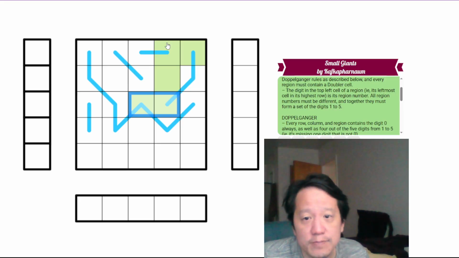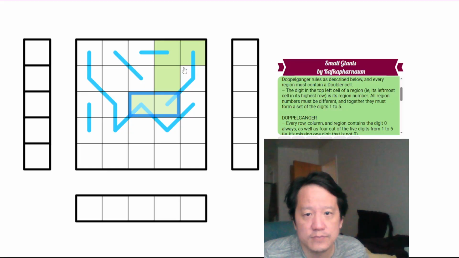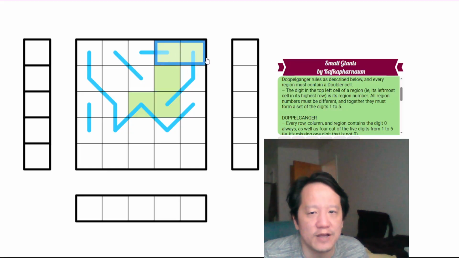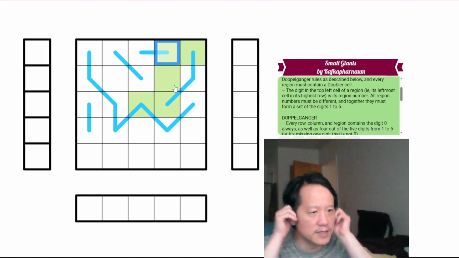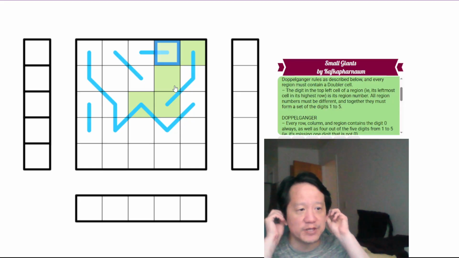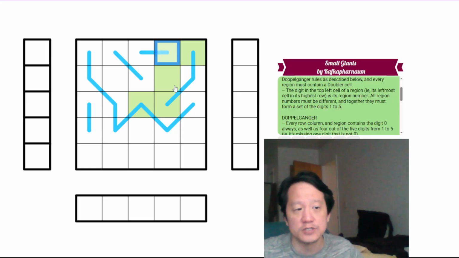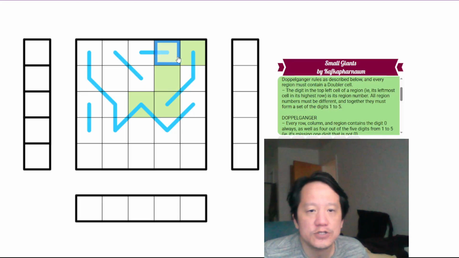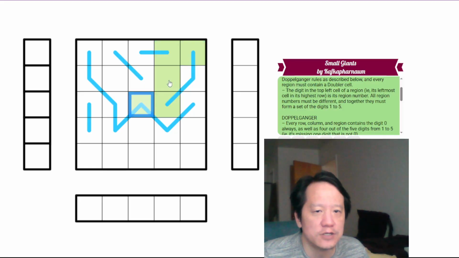So, the digit in the top left cell of a region, which is the leftmost cell in its highest row, is its region number. And it has to be unique, and they have to form a set of the digits 1 through 5. So in this region that we constructed, where is the region number?